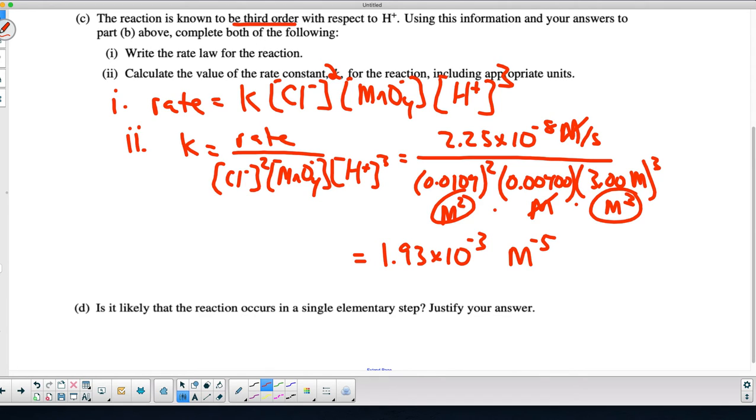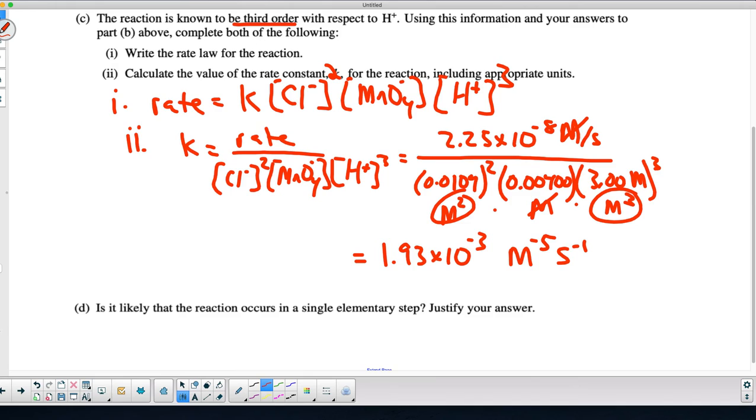That means 1 over M to the fifth, and then seconds to the minus 1. And that's how we get our number and units. Because I just cancel all the M's that I need, and I end up with 5 on the bottom and 1 s on the bottom. And that's what the negatives mean.